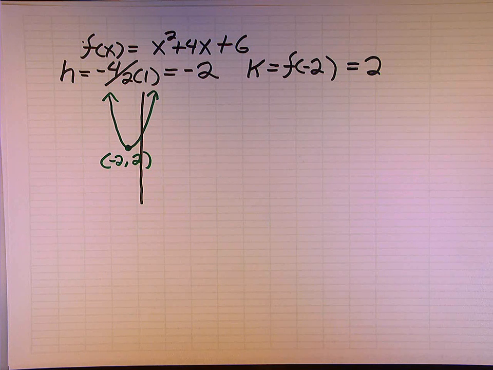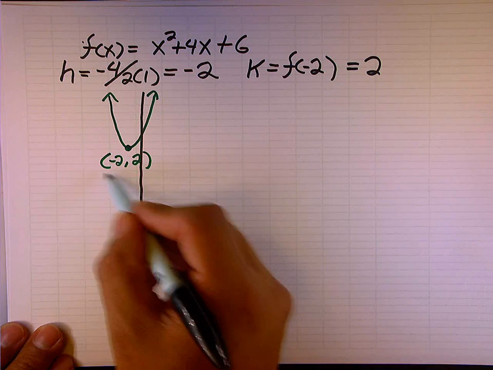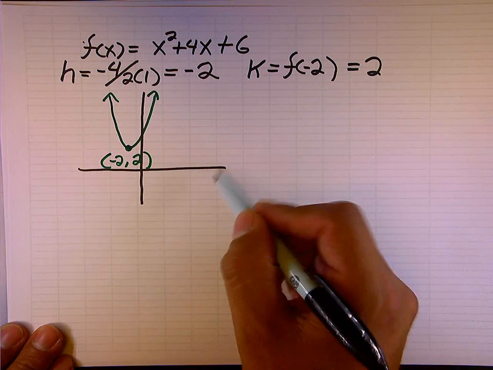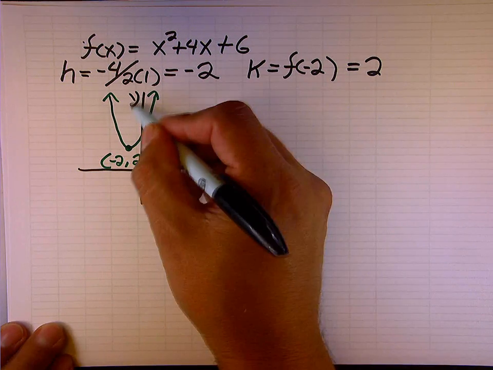Now, my y value of 2 tells me that this point is 2 units above the x-axis, because a positive y value is above the x-axis. So my x-axis must be 2 units below this.